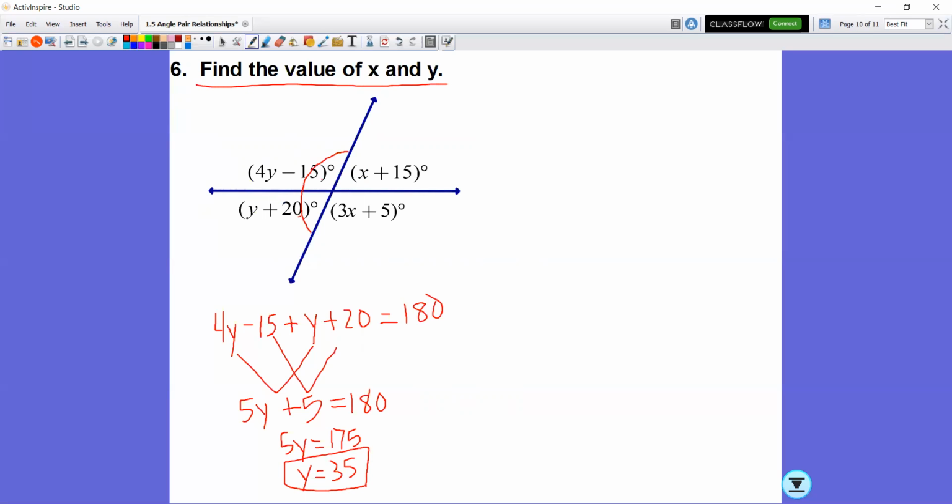All right, and now we can super celebrate because the problem said find x and y. So we found y. Now it's time to find x. Notice I have the same thing on the other side. These two angles together make a linear pair, which makes them supplementary. So x plus 15 plus 3x plus 5, all of that equals 180. Find like terms, 4x plus 20 equals 180.